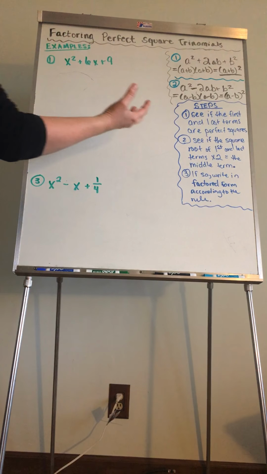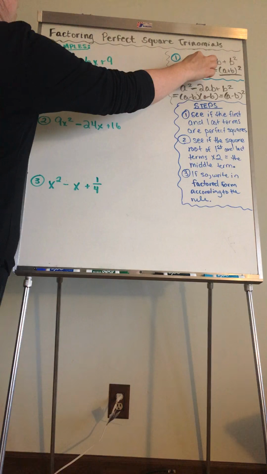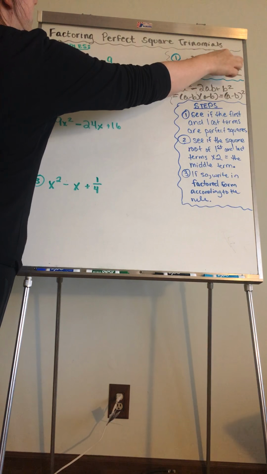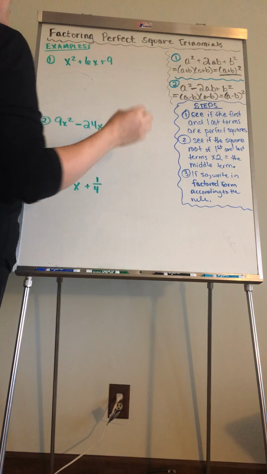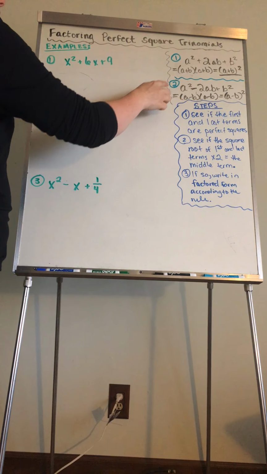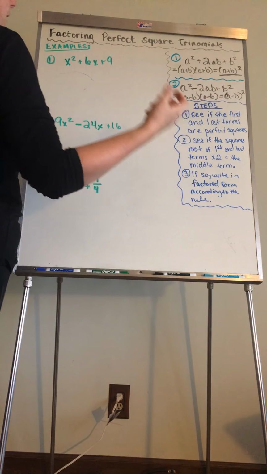So the mathematical definition is this. A number squared plus 2 times the square root of that number times the square root of the last number plus the last number squared, okay? I know that doesn't make sense yet, but it will in a minute. Or, there's two cases, a squared minus 2ab plus b squared, okay?